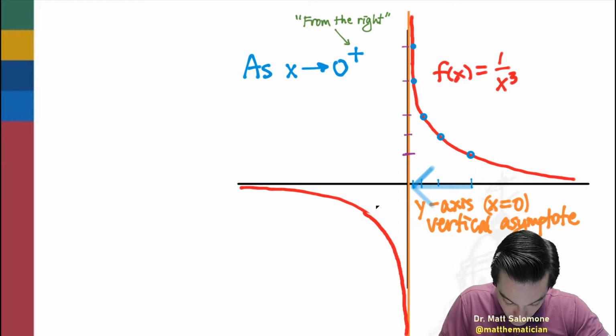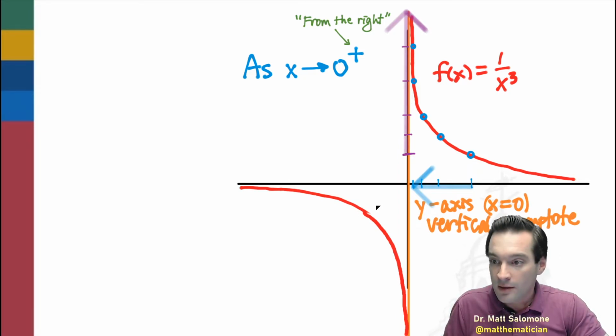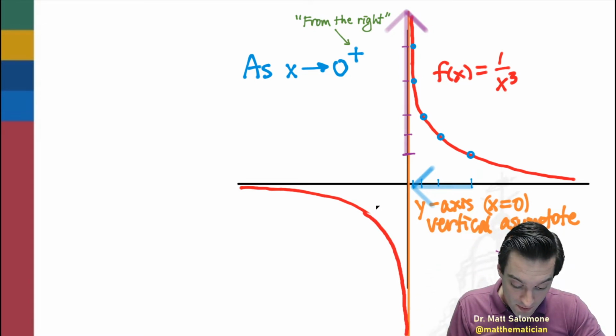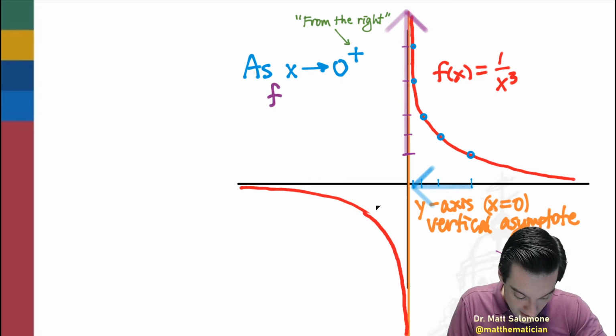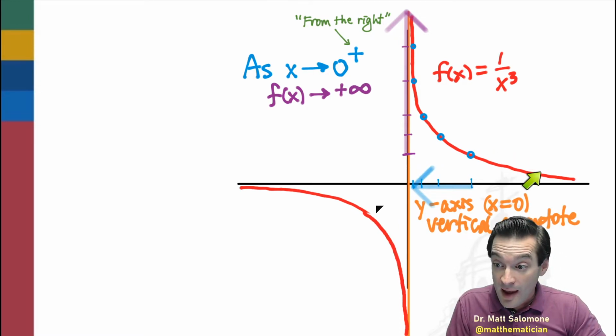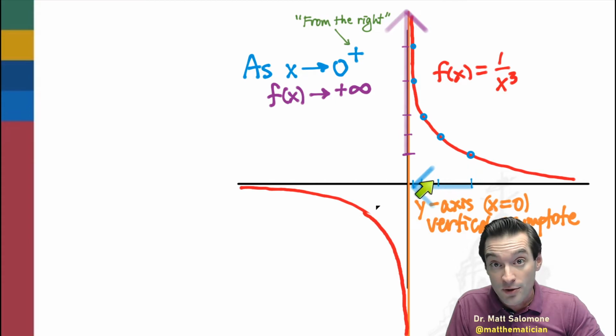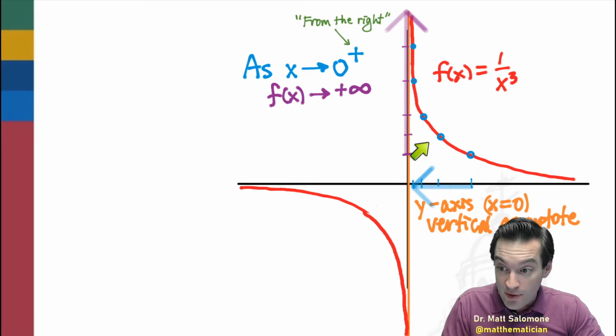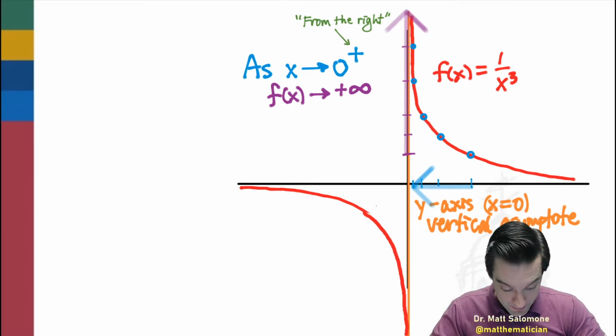So my y values, evidently, are going up and up and up and up. So as x approaches 0 from the right-hand side, what we can say is that f of x is approaching positive infinity. As we get closer and closer to x equals 0 from the right side, the y values of my points, the values of my function, my outputs, are increasing without bound.